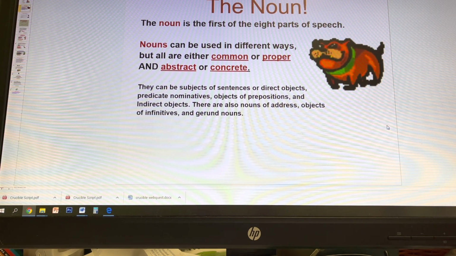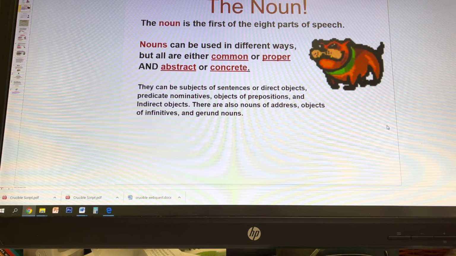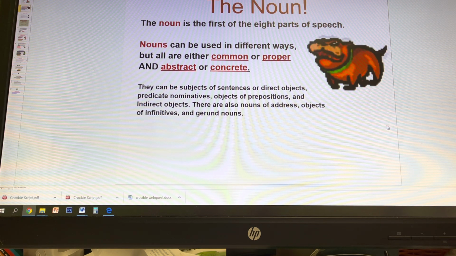And if you look at the word nominative, it has nom or name in it, so that kind of makes sense. Objects of prepositions. We haven't gotten to prepositions yet, but notice that the noun is the object of that. And indirect objects. Again, we have a noun as an object.